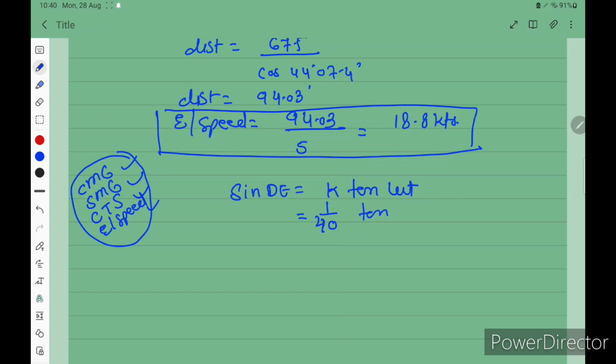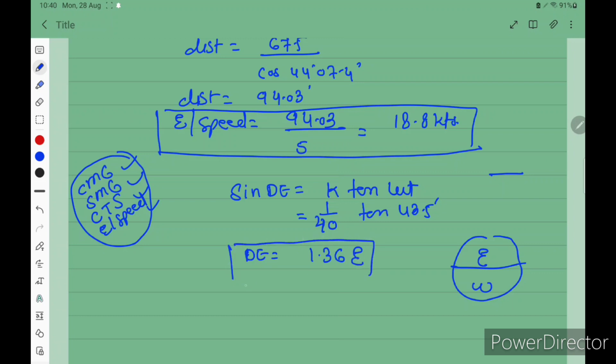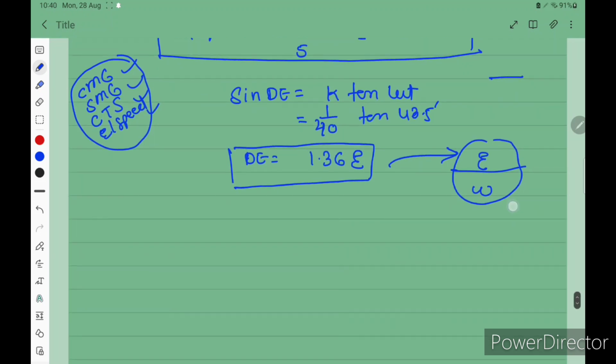So tan mean latitude of course made good, 43.5, so we get the damping error 1.36. Naming: it is in the north, so east and west, so we have to put the east. Naming depends upon the hemisphere, so it is the north hemisphere, so east.